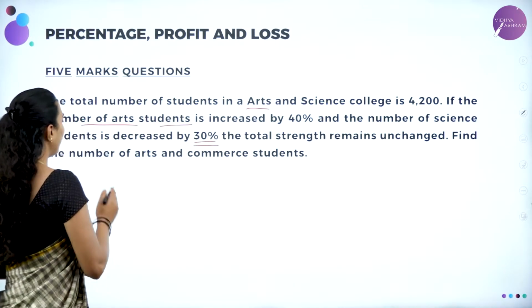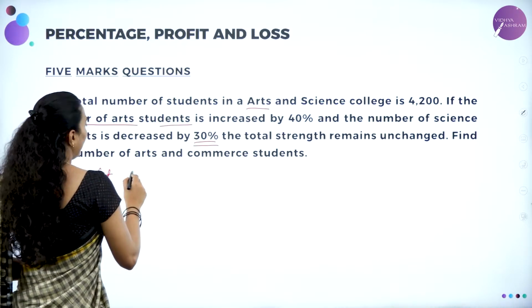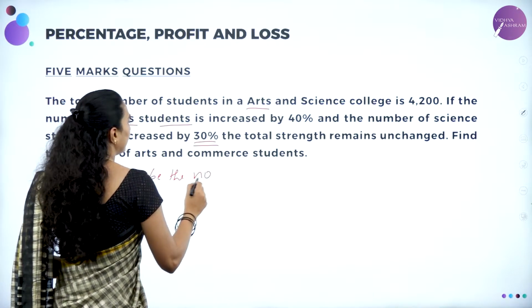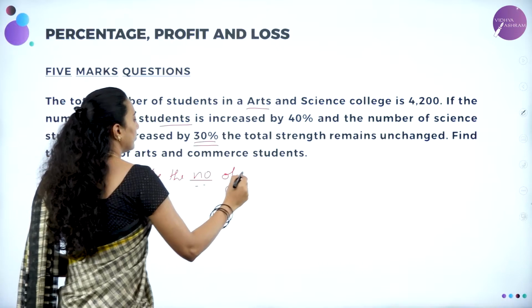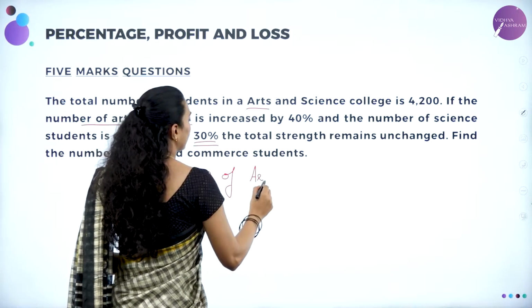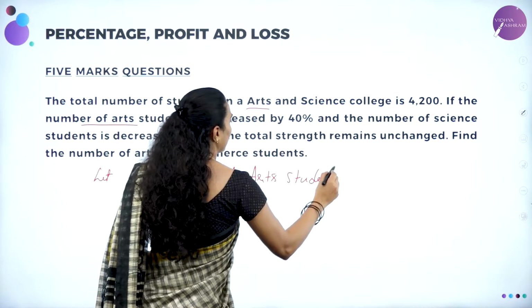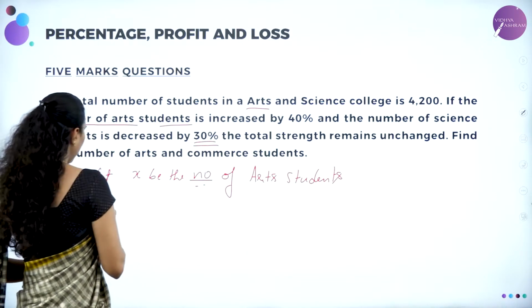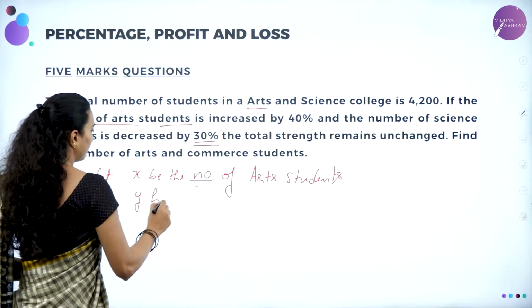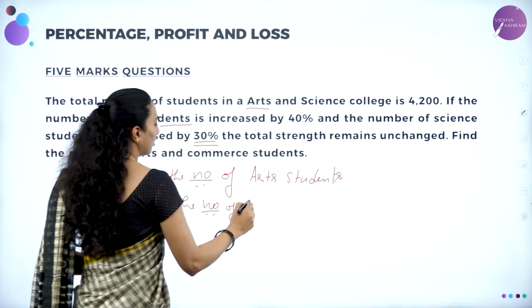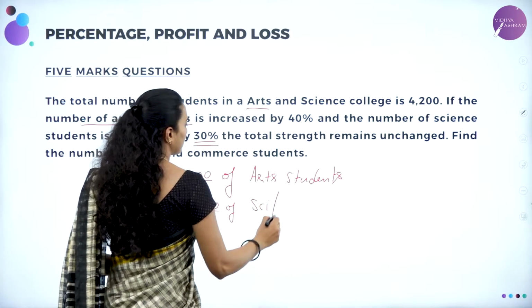So therefore, let X be the number of art students and let Y be the number of science or commerce students.